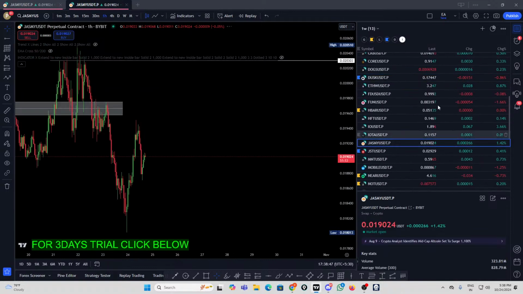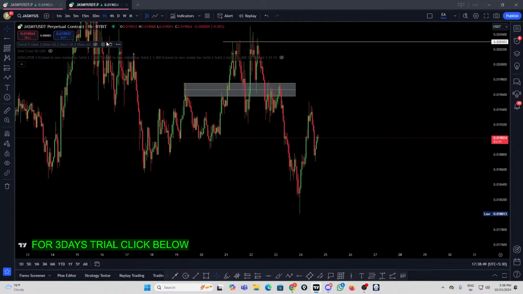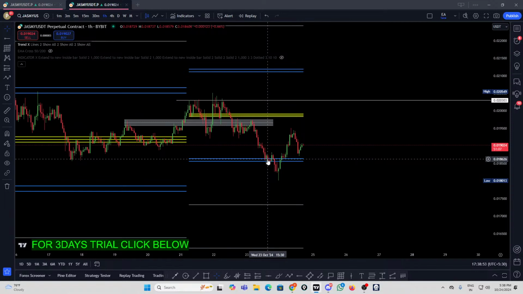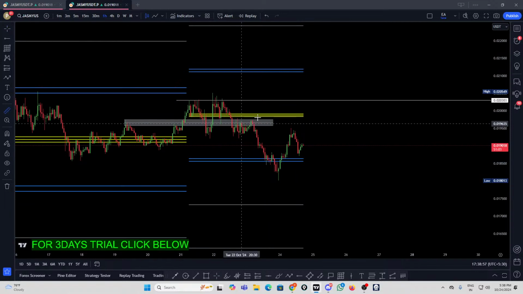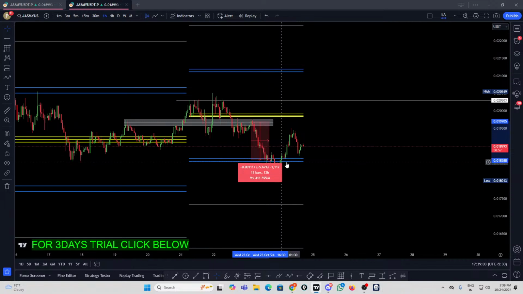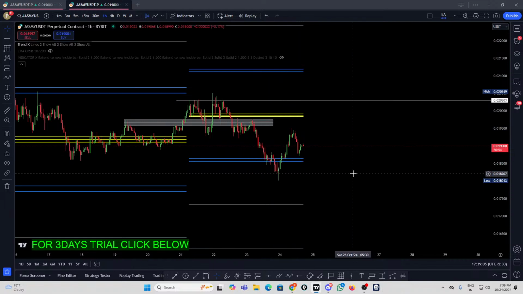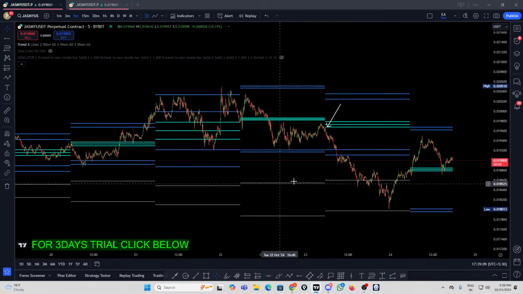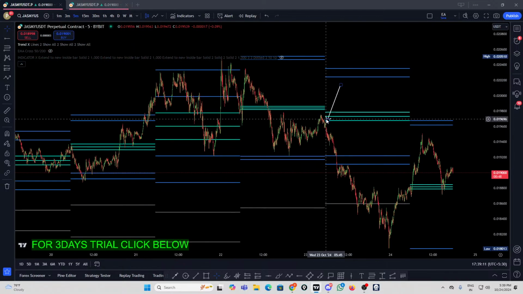And I gave Jasmy USDT. So Jasmy USDT, just look at this, till here. My target was 0.18626, correct? This was my target, this was the entry. So here we got almost 6%, 5.67%, correct? I'll show you the daily trend X. Our entry was this area.